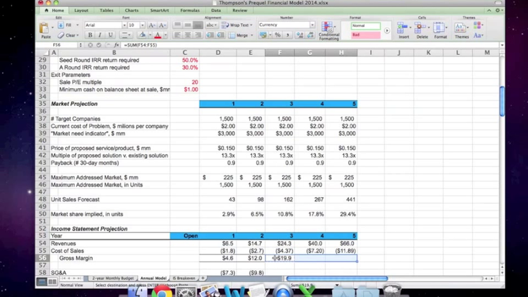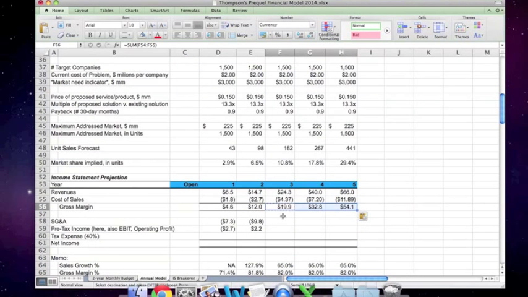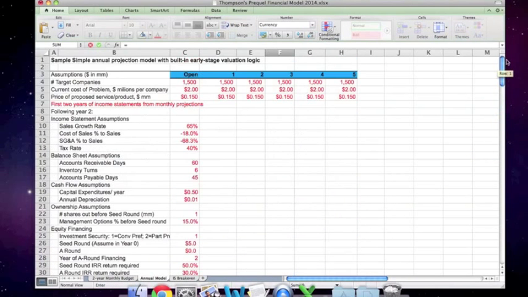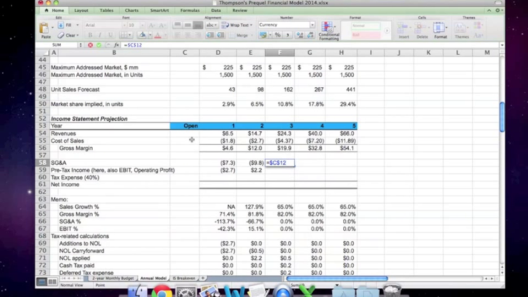And I'm going to copy it forward. So that takes us from revenues or sales through gross margins. SG&A, again, I saw it up there, and it is entered as a negative number. So I'm going to click on it, make it an absolute cell reference, and then multiply it by revenues.